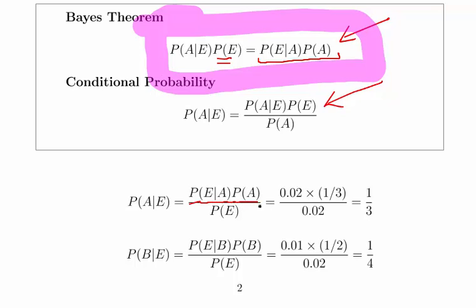Now 0.02 times 1/3 divided by 0.02 means it's 1/3. Of the people who have entered the competition, 1/3 are from newspaper A.